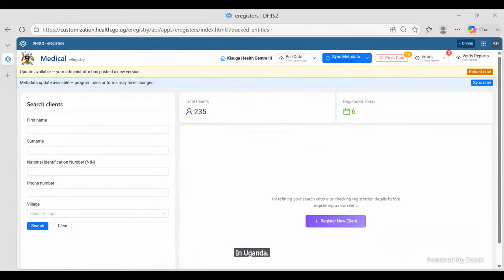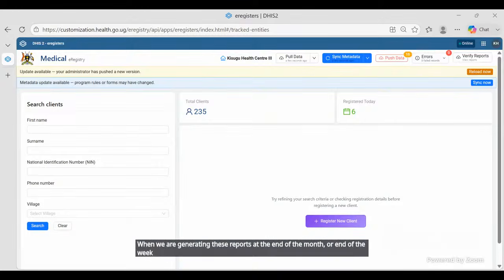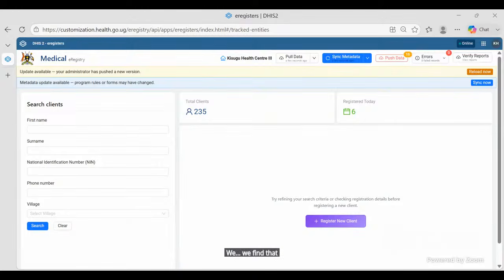I wanted us to emphasize HIV testing in all entry points, because when we are generating these reports at the end of the month or end of the week, we find that people are being tested in other entry points, but because they are not including the HTS service type on those visits, we find out that the HTS is underutilized.